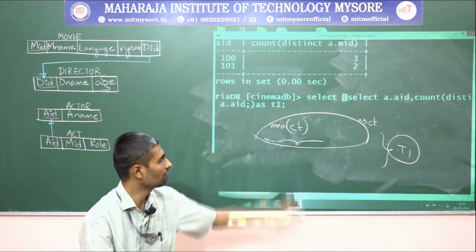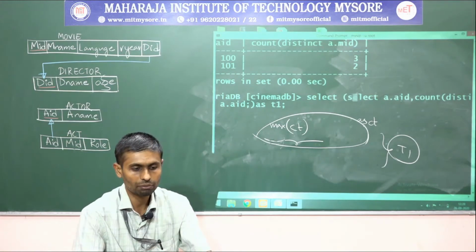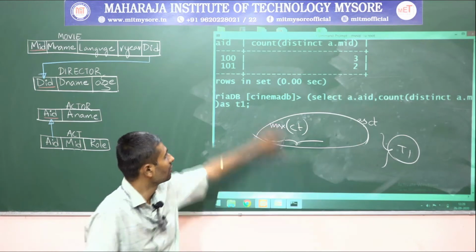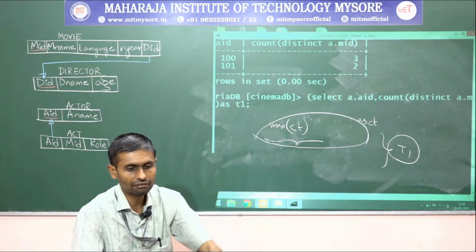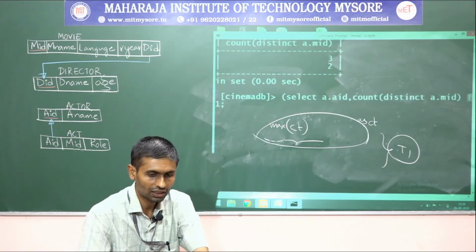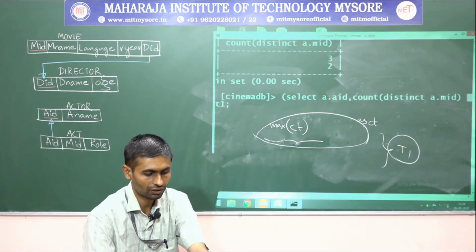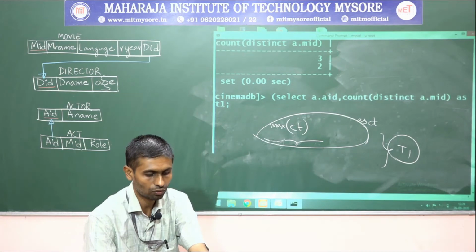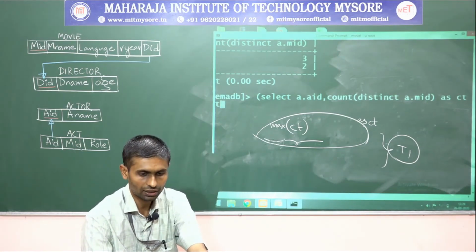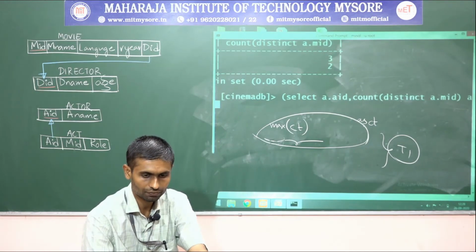From which table do I want to retrieve a maximum? And one more thing we missed. What is that, guys? Before writing select from T1, we have given that whole table as T1. Then we have to rename this count, right? Alias, giving a different name for this count of distinct A.MID as CT, some column. Alright. So prior to that, let me check whether CT works or not.